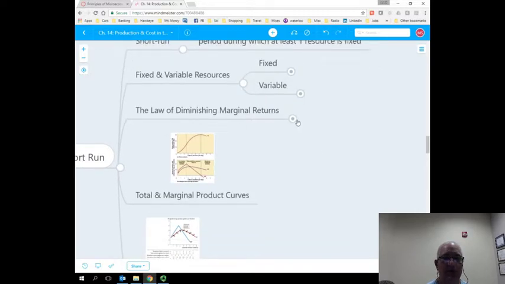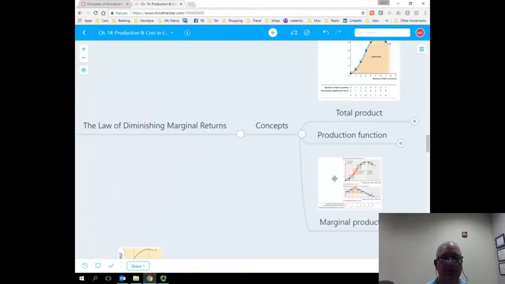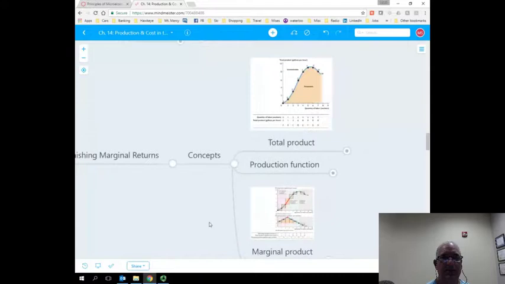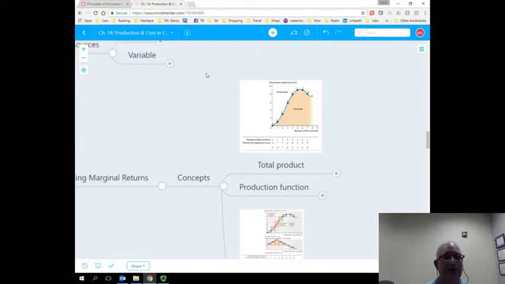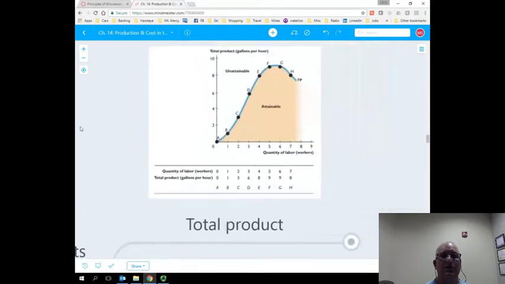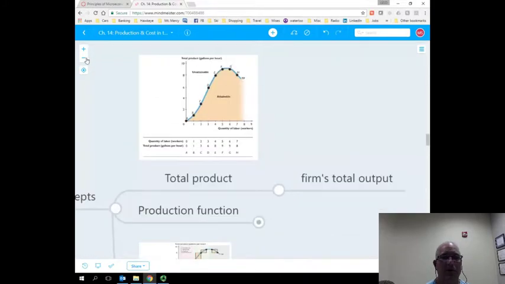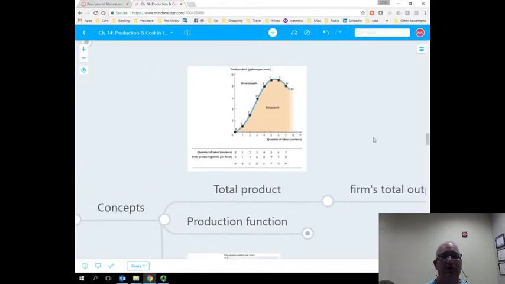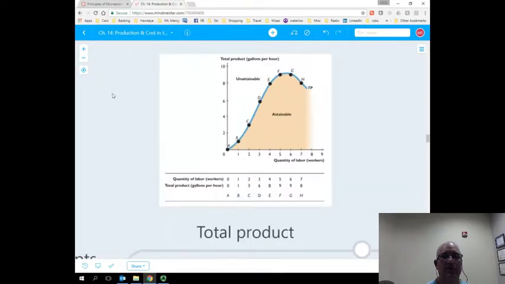Next, we'll look at the law of diminishing marginal returns. Within this concept, we've got several different concepts. First, we'll look at total product. Total product is the firm's total output. And it can be graphed like the one I'm trying to zoom in on for you.